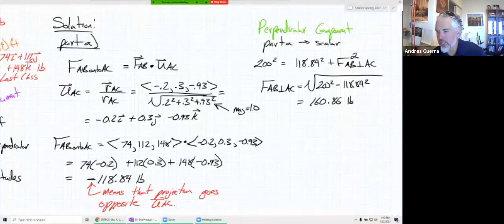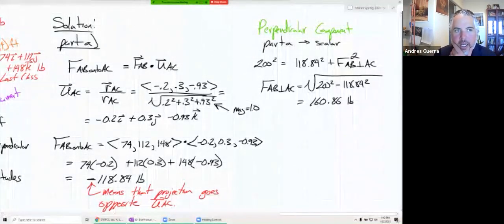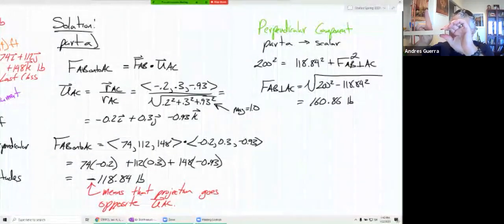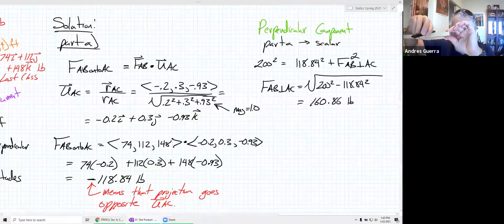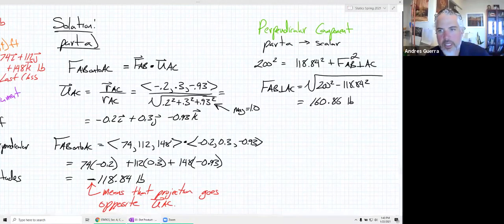Is it going to shear the board off of the wall or something like that? That tells me how much is perpendicular to the stake. And it doesn't tell us necessarily what direction it's going in. It just tells us that it's acting perpendicular. We don't know if it's perpendicular like here or perpendicular here. We just know that it's perpendicular to the stake.